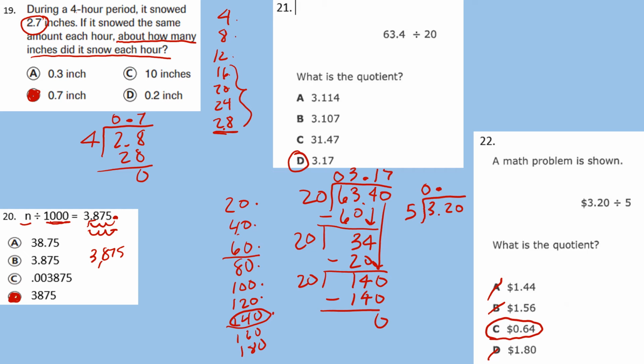So that's 5 goes into 32 6 times. 5 times 6 is 30. Subtract it, I get 2. 2 is less than 5. Bring down the 0. 5 goes into 20 4 times. 5 times 4 is 20. My answer is 64 hundredths. That's what I said it was.